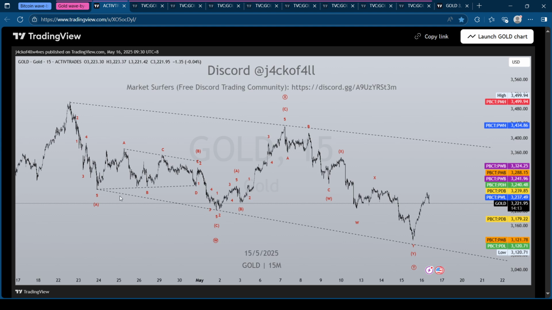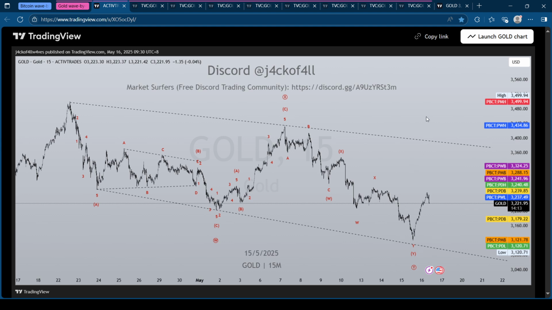And then the intervening wave, which is wave B here, is a triangle. And then wave W is composed of 5 internal waves as well. Now for the X here, or the intervening wave of the higher degree, it's an ABC. So 3 waves up, and then from there, it continued to go down.